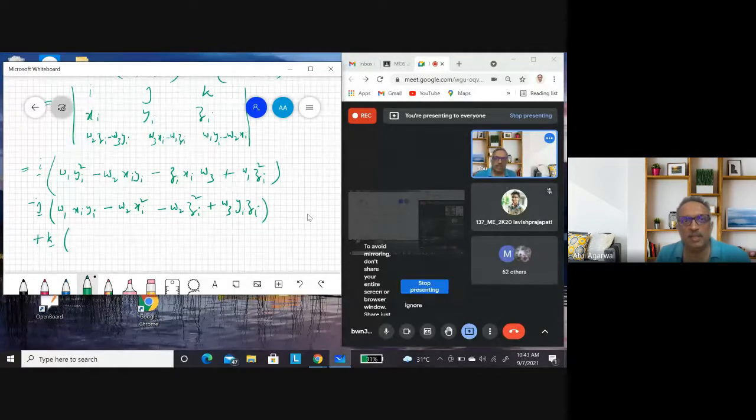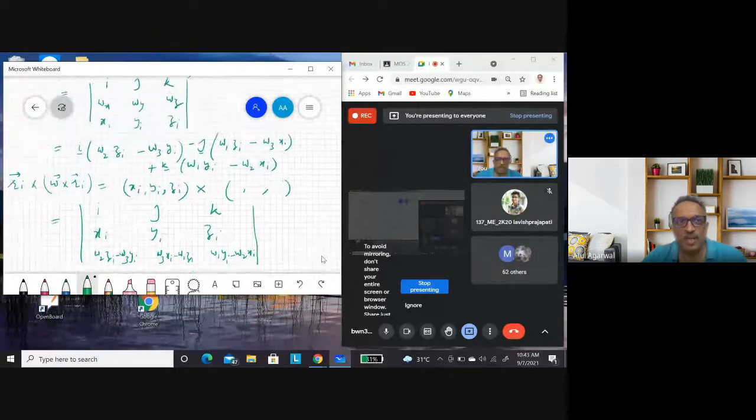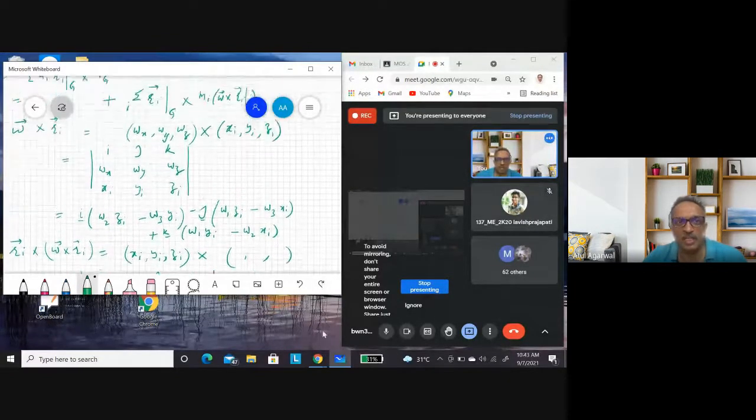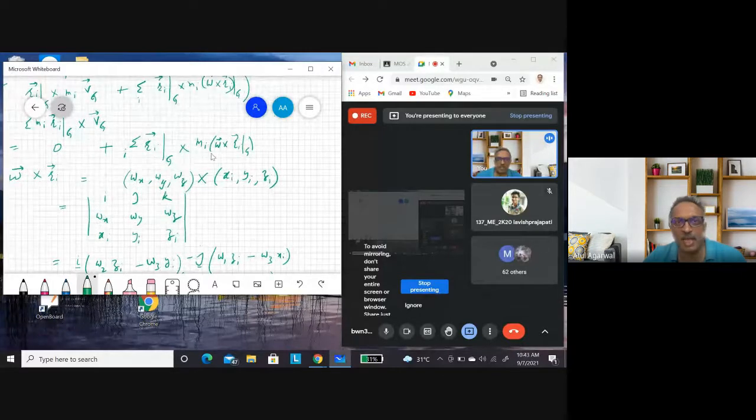So what you got: omega 3 xi square minus omega 1 xi zi minus omega 2 yi zi plus omega 3 yi square. So this is what you are getting from Ri cross omega cross Ri. And then you also have to multiply with an mi.